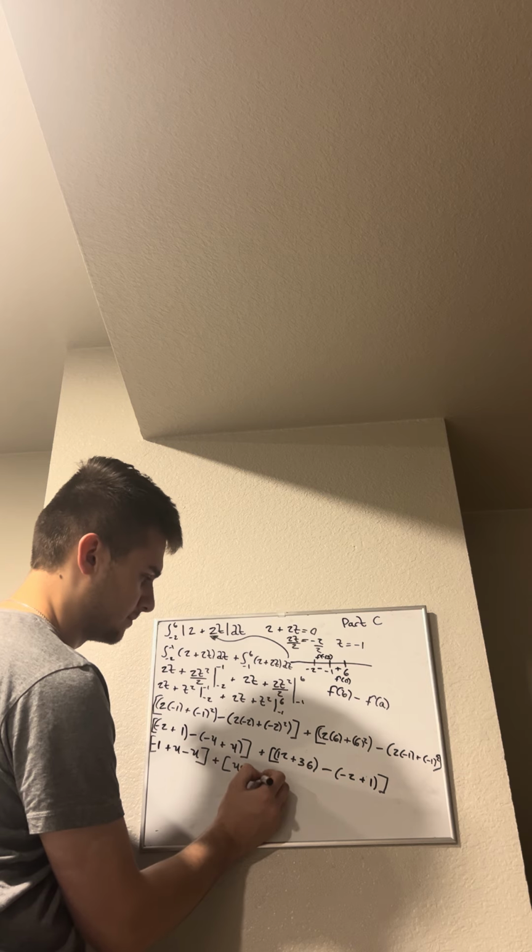So now we have these two. In this case, we just have negative of negative 1 plus 49, which will give us 50, because this negative applies to the negative over here, so it turned into a positive 1 plus 49, which equals 50.